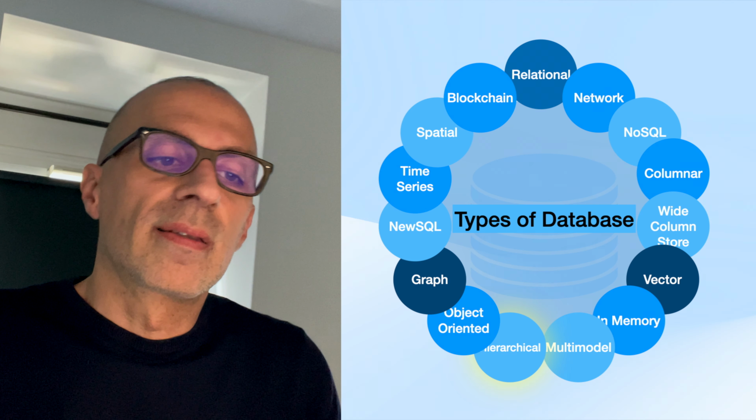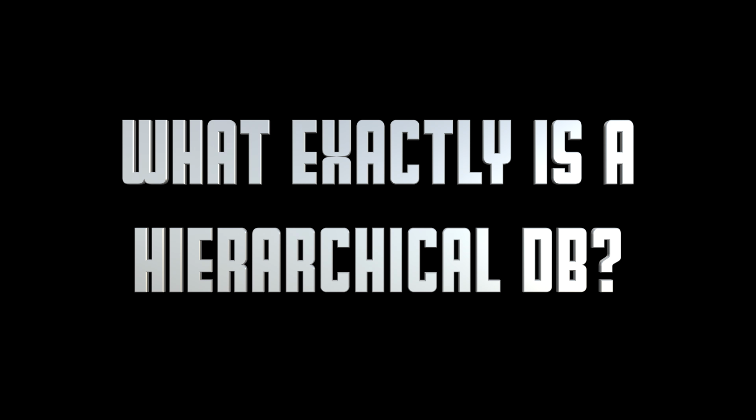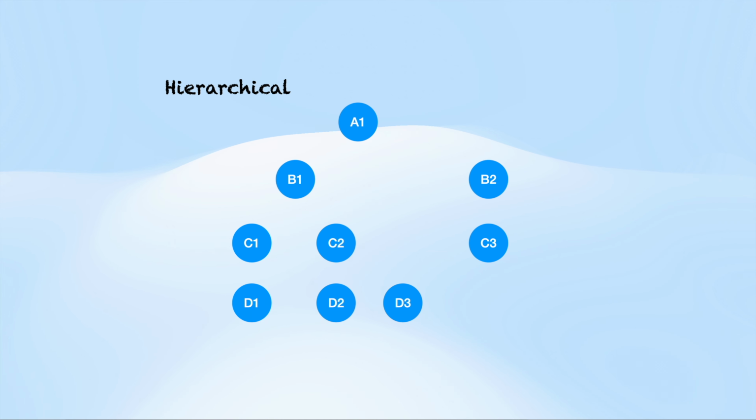Here we are now. It's the time of hierarchical databases. So what exactly is a hierarchical database? Well, data is stored in a tree-like structure. Think of it like a family tree or an organizational chart where each record has a single parent and potentially many child records.